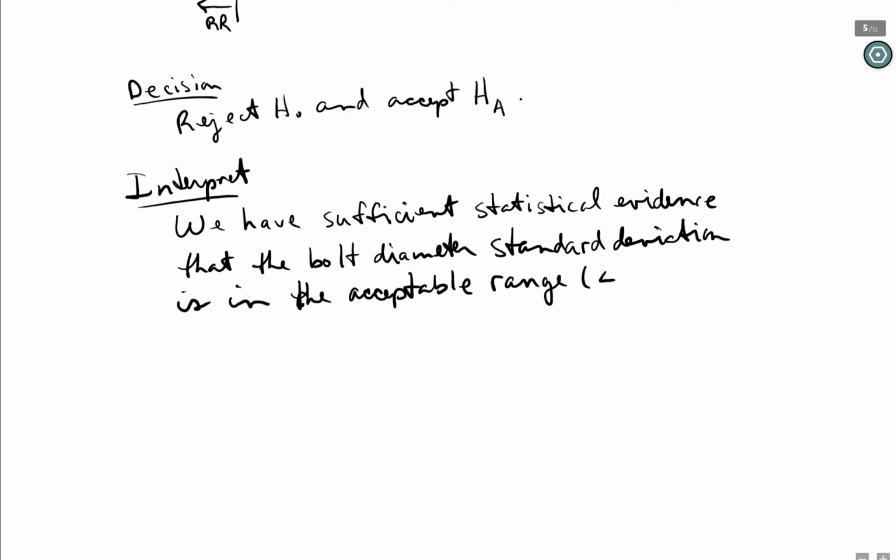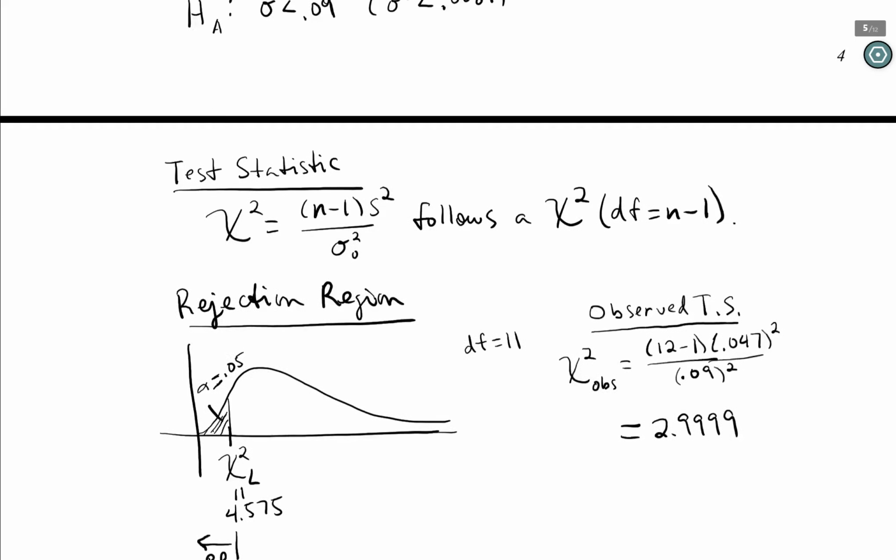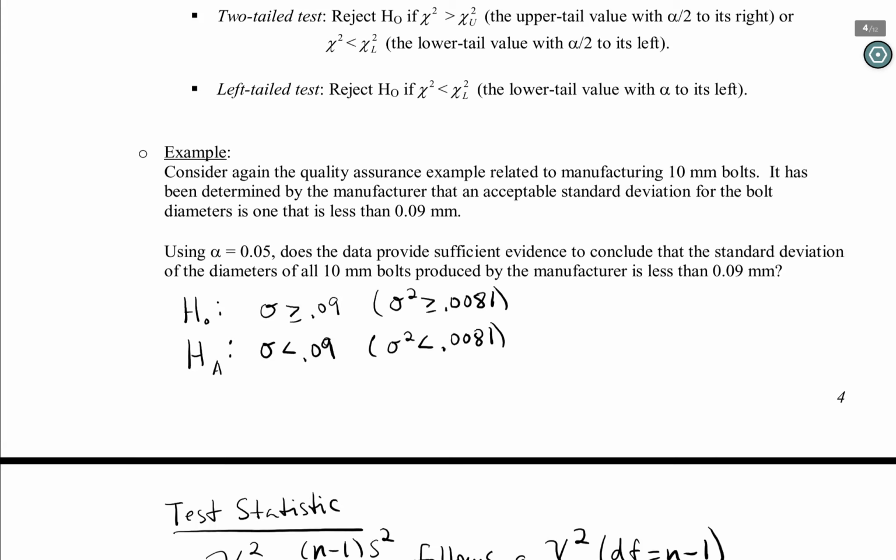That is, it's less than 0.09. Okay. And so that is an example of the chi-square test on a population variance here.